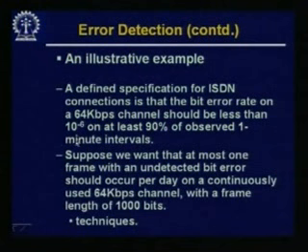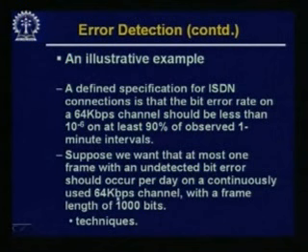Suppose we want that at most one frame with an undetected bit error should occur per day on a continuously used 64 kbps channel with a frame length of 1000 bits. All right, so we want not more than one frame to come with an undetected bit error over a whole day.